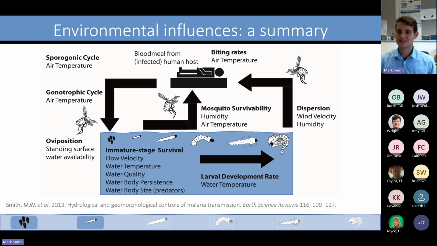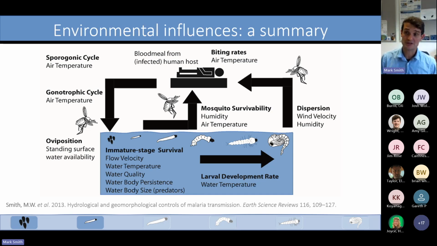You'll then notice that when the eggs are laid, we go through various different larval stages from left to right in this diagram as the larvae develop into pupae before the adult mosquito will emerge. And there are various factors determining how long that takes. So at an absolute minimum, it will take 10 days to develop from an egg to an adult, and that's under optimum conditions. And if it's a little bit cooler, it might take a little bit longer. So yeah, that's really where the geomorphology and hydrology come in.